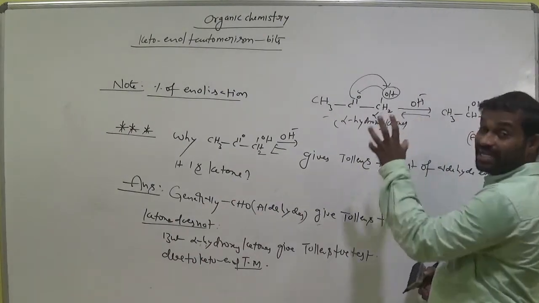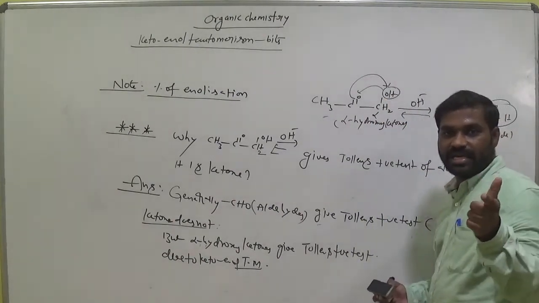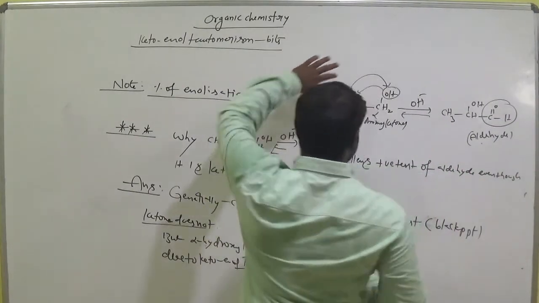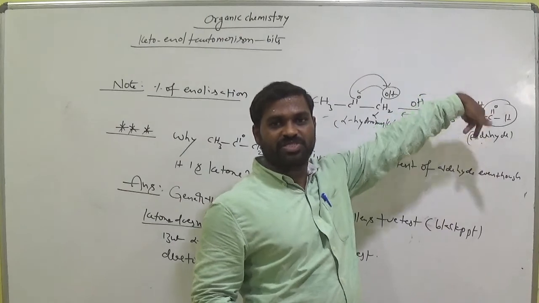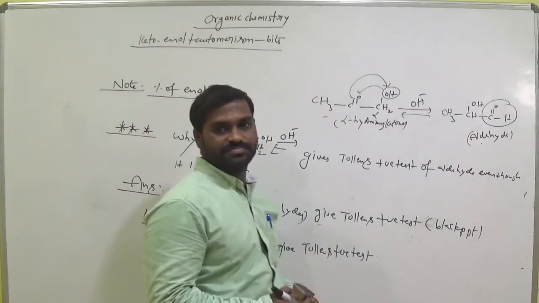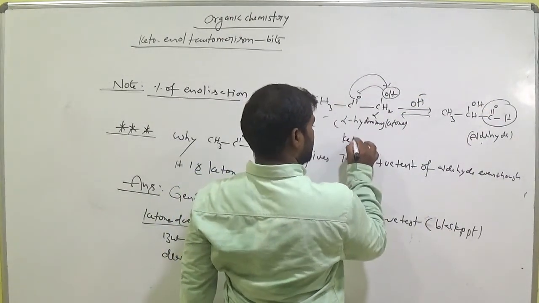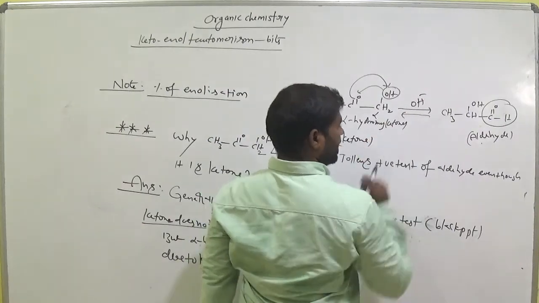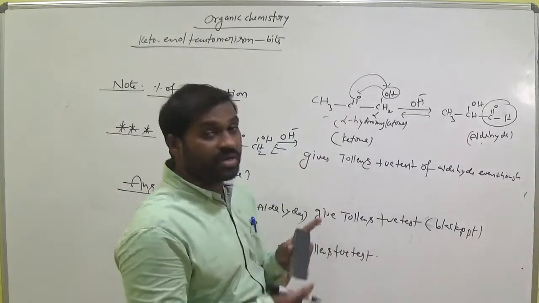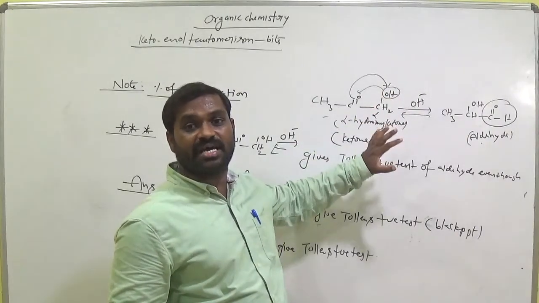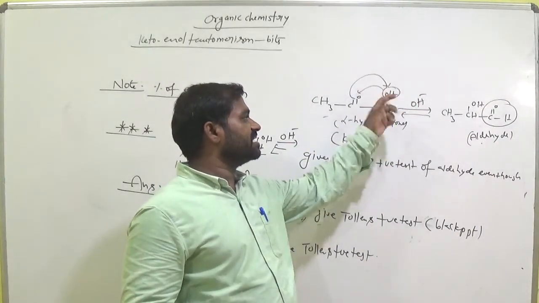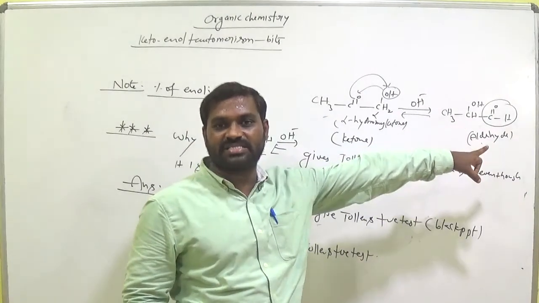These two forms exist in the single test tube. Clear? Am I right? So in presence of base, it is immediately converted to aldehyde. So it gives Tollens positive test, even though it is a ketone, that is black PPT. What is the reason? In presence of base, they exchange their position and immediately convert to aldehyde group.